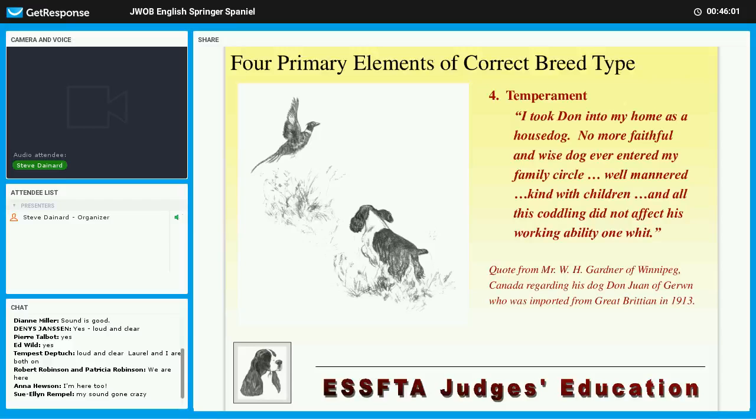The FCI standard actually has a disqualification for temperament. Aggressive or overly shy dogs, and any dogs that clearly show physical or behavioral abnormalities, shall be disqualified. The CKC and the AKC standards talk about the importance of temperament, but there's actually no disqualification for aggressiveness or being overly shy.